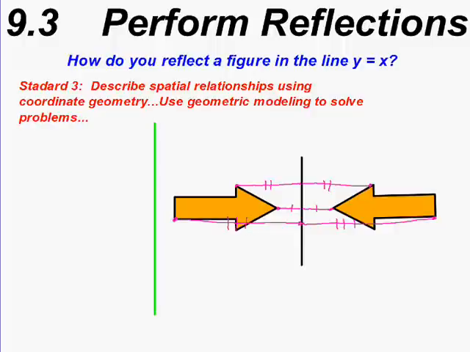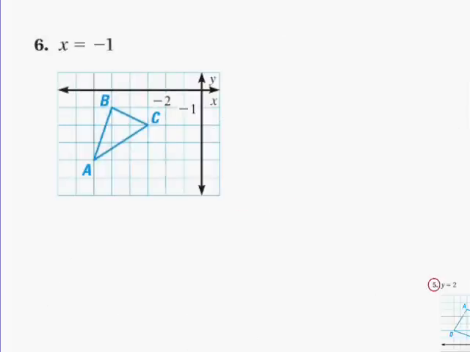All right, let's take an example. Let's say that we're going to reflect over x equals -1. Where is x equals -1? X equals -1 is going to be right here. Let's make a dashed line for x equals -1.